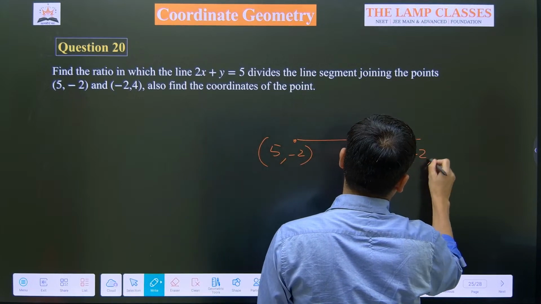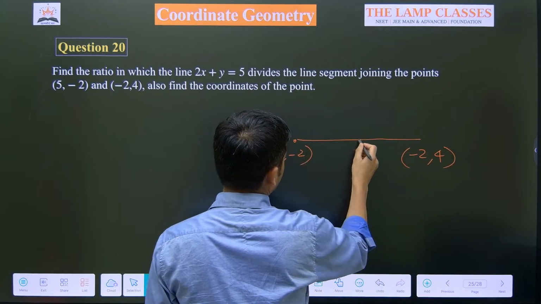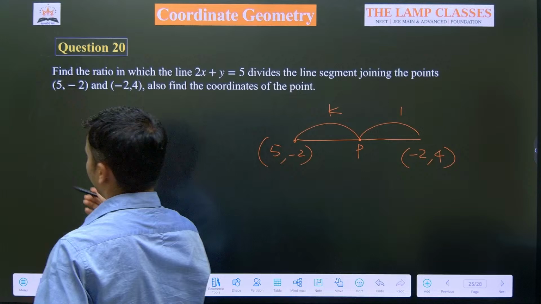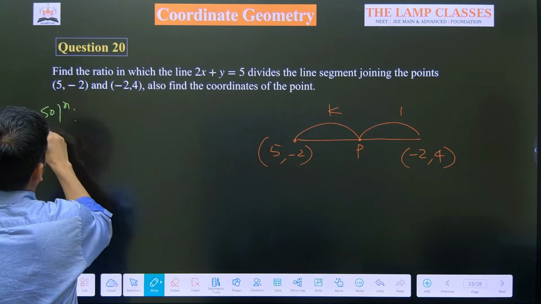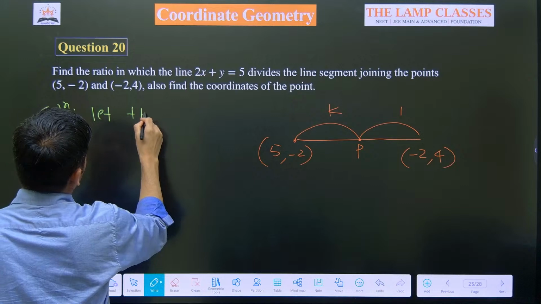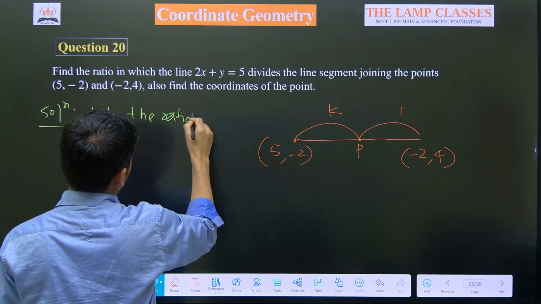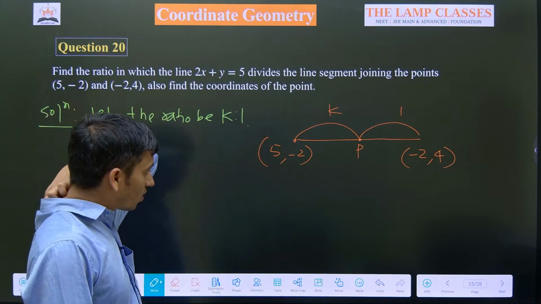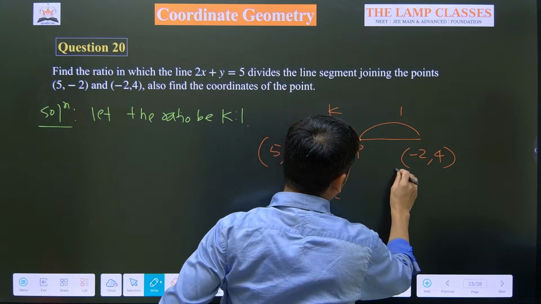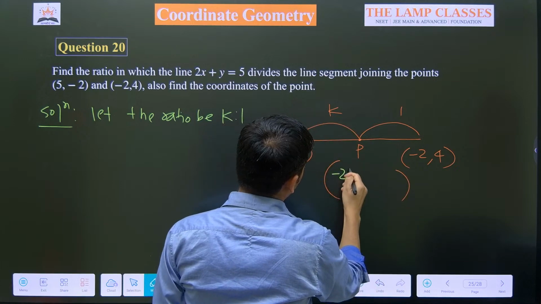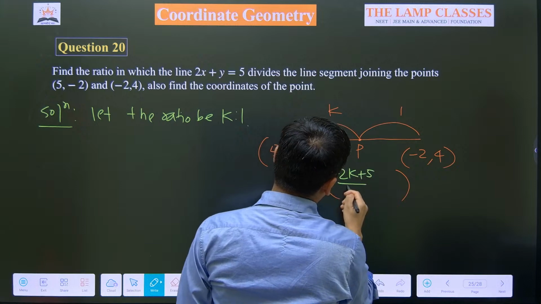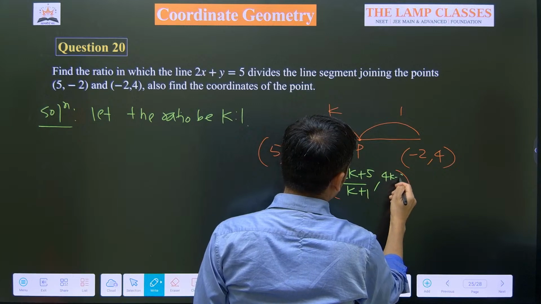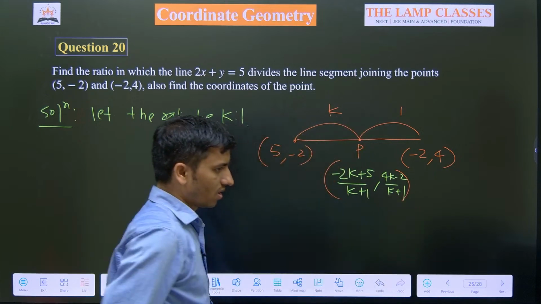This is negative 2 comma 4. Mention, let the ratio be k is to 1. If that's the case, we can find out the coordinate of point P by using cross multiplication itself. Minus 2k plus 5 upon k plus 1 comma 4k minus 2 upon k plus 1, right?